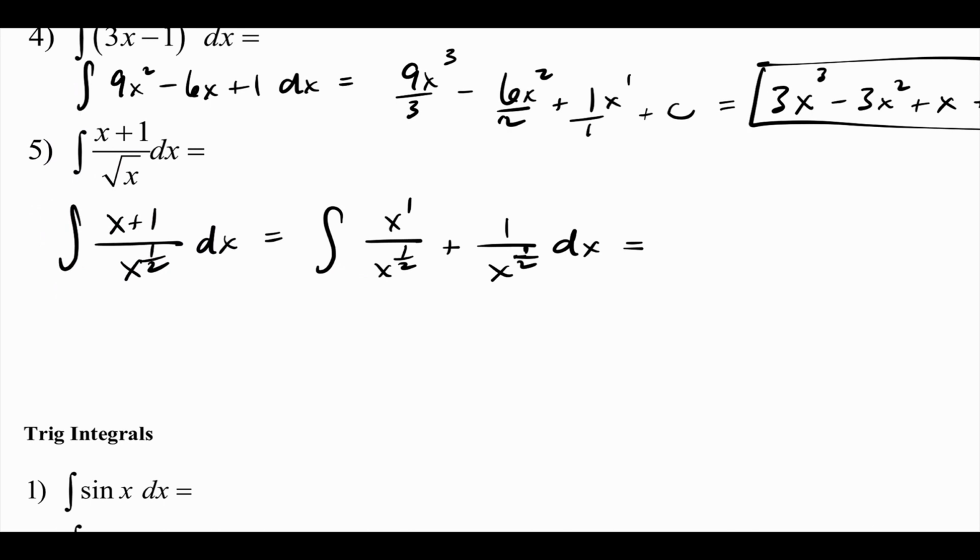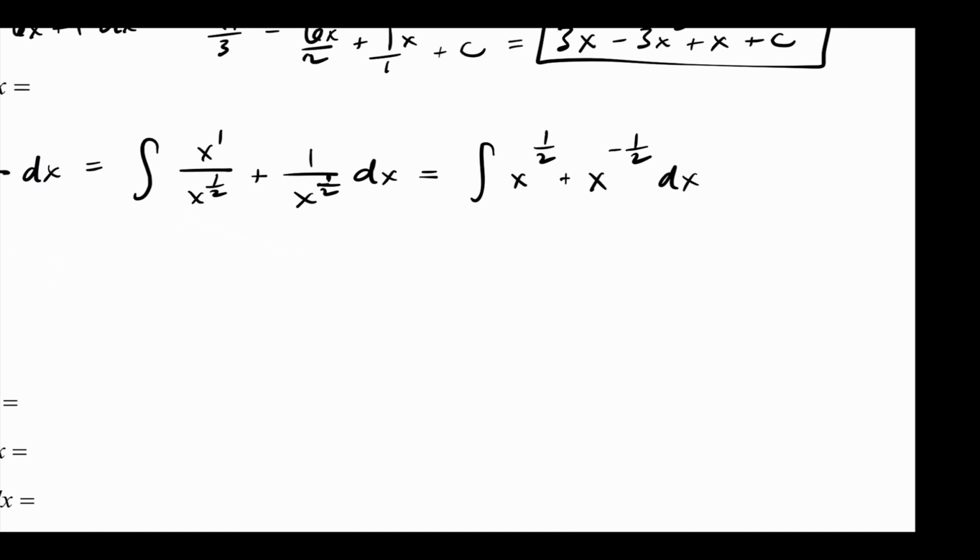So this is x to the first power divided by x to the 1/2, you just subtract the powers. So you're going to get x to the positive 1/2 plus, and then this guy is just x to the negative 1/2, which is the same thing you would have gotten if you had moved it to the top and done the distributive property.